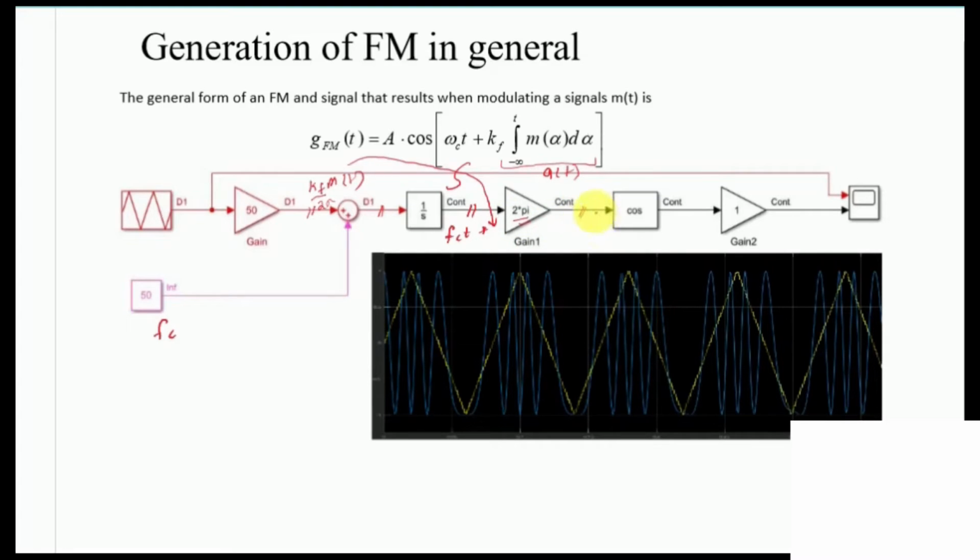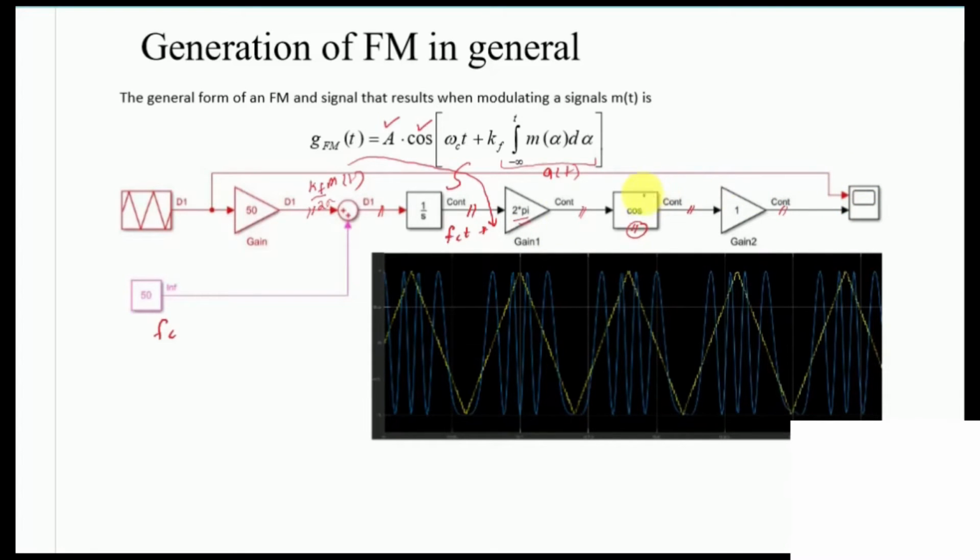This is then fed to a trigonometric function, which we have used as a cos function. The whole of this is the argument of the cos function, which is multiplied with the gain of 1, so in our case A is equal to 1. We have fed this to a scope, and at the same time we have fed our original signal to the scope, along with the output of all of these operations.